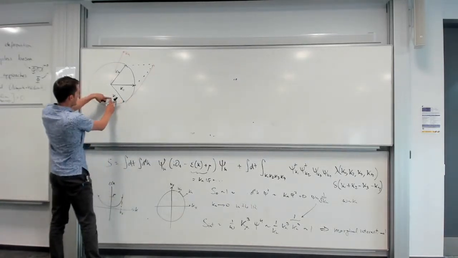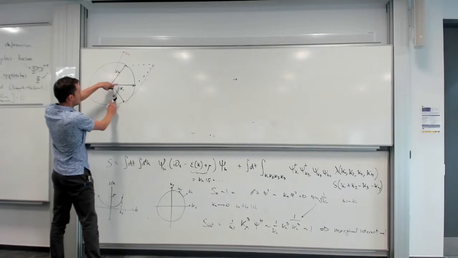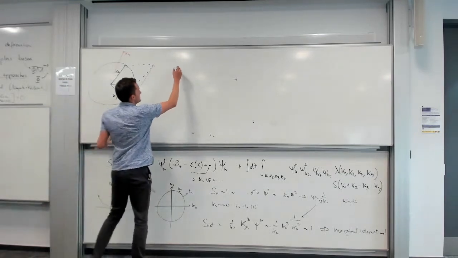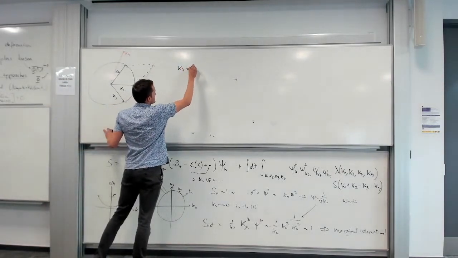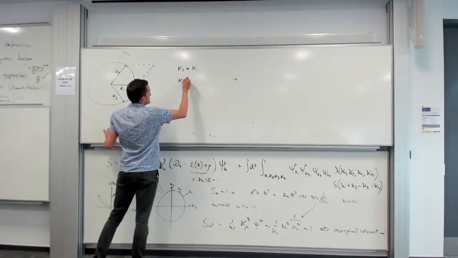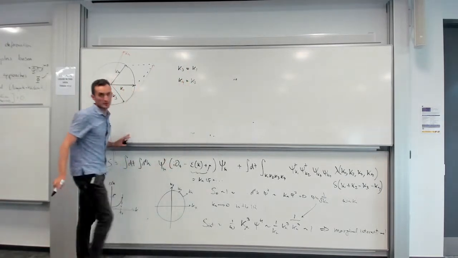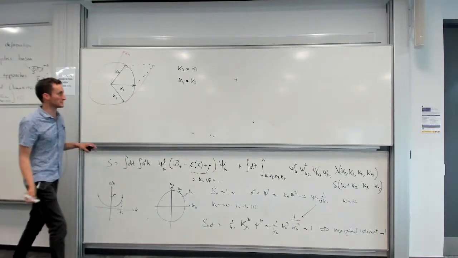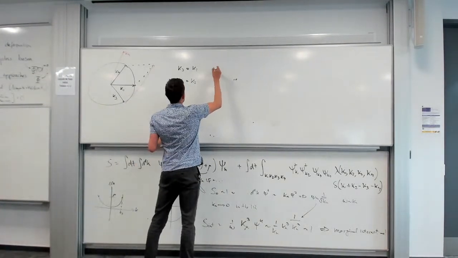And how do I get that? Well, I have to set K3 to be equal to either K1 or K2. For example, I can set K3 equal to K1, and then K4 can just be equal to K2. That satisfies momentum conservation, and they're all scaling to the Fermi surface together. Or I can just flip this.